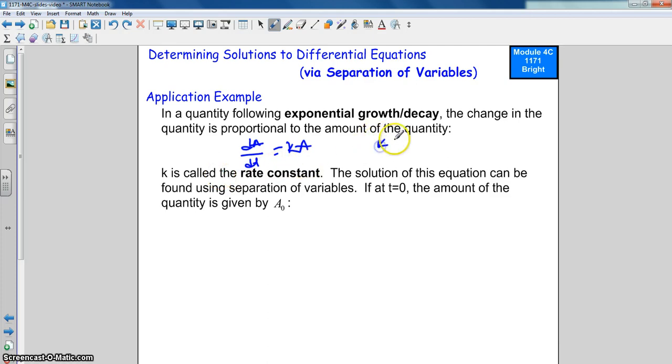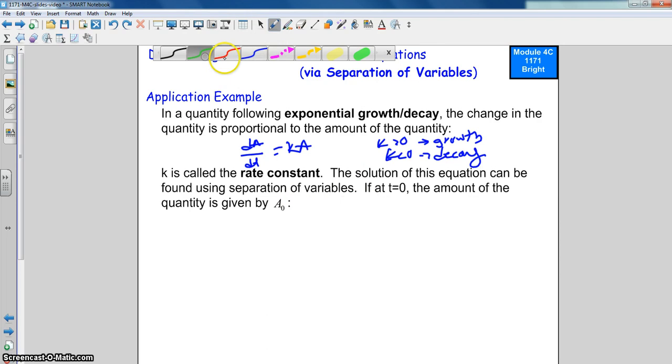Remember, if we have k greater than 0, that's growth, and if we have k less than 0, that's decay. We can see that this differential equation can be solved by separation of variables. I can get the A's together, and the t will be our other variable.